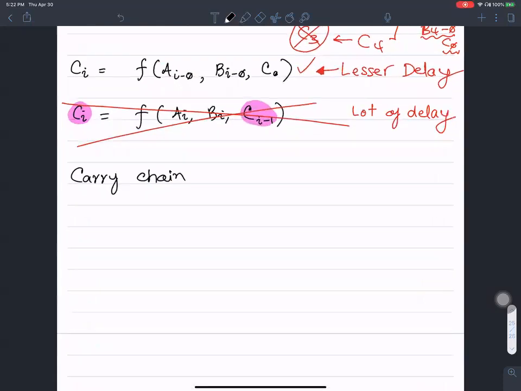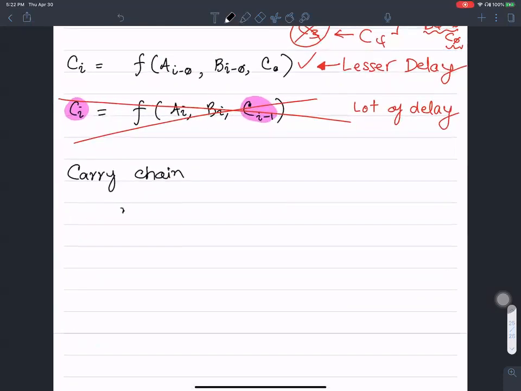Okay, as we know, if I want to calculate C1, then what I have to do is G0 plus P0 times C0.